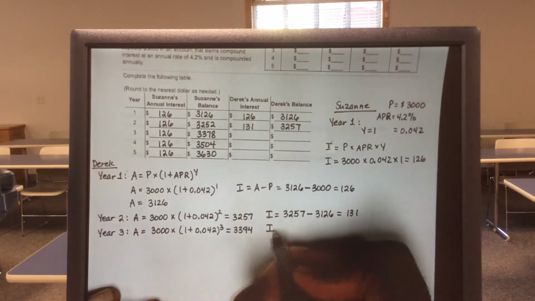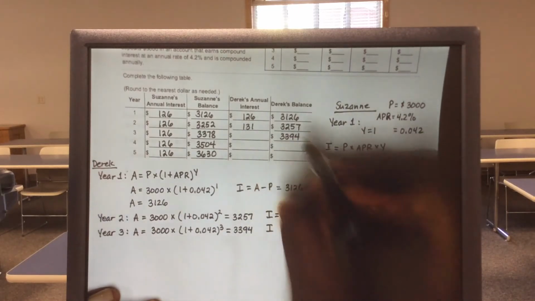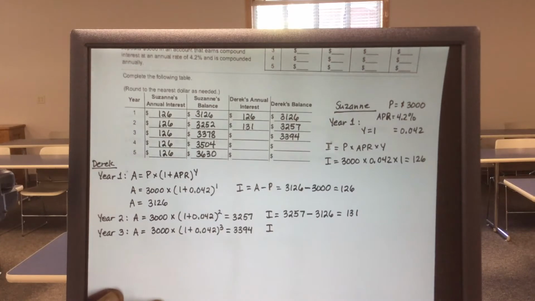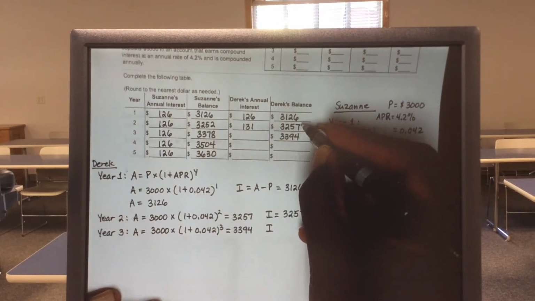And then to find the interest, that $33.94 will be the balance at the end of the third year, by the way. To find the interest, I'll take $33.94 minus the balance before that, which is $32.57.